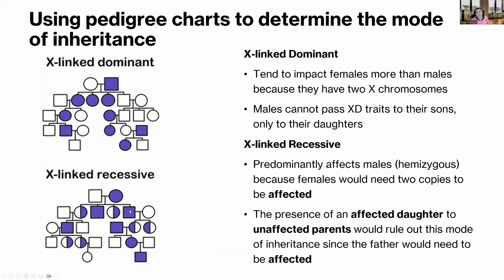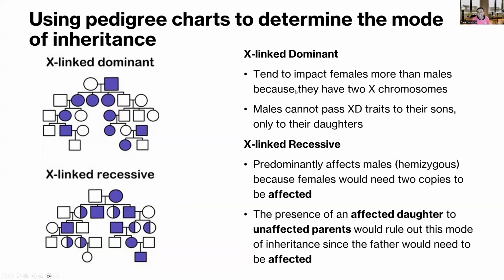I just don't have the legend associated with it right now, just in the interest of space. But again, this purple coloration is going to represent affected individuals. Half colorations represent carriers in the case of the recessive. So let's compare X-linked dominant versus X-linked recessive. So again, this is going to be inherited in a sex-linked manner. It's going to depend on which parent has it in some cases and what the sex of the child is, whether or not they're going to show this.